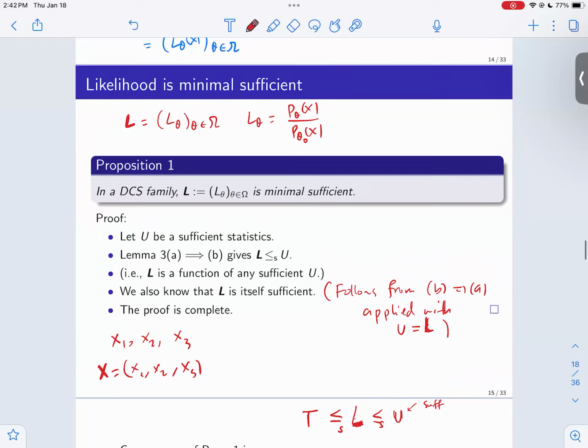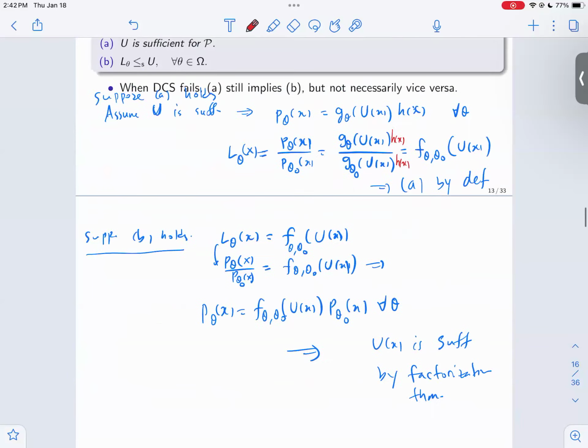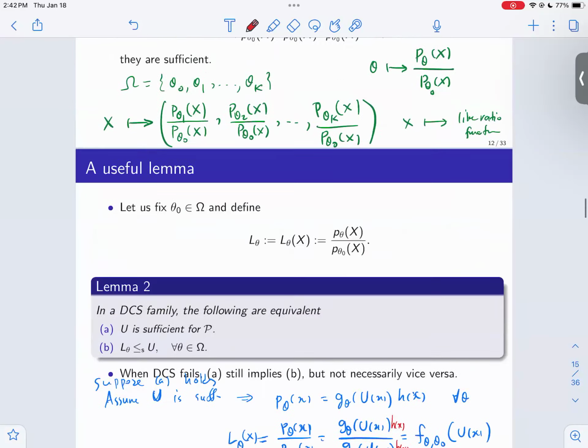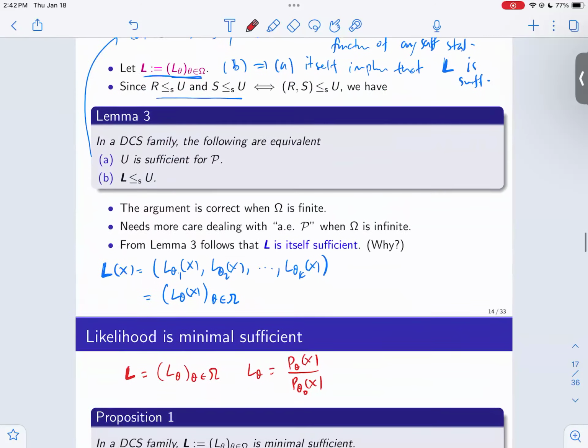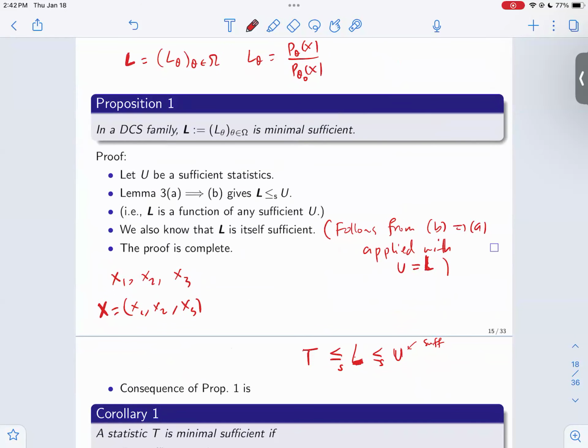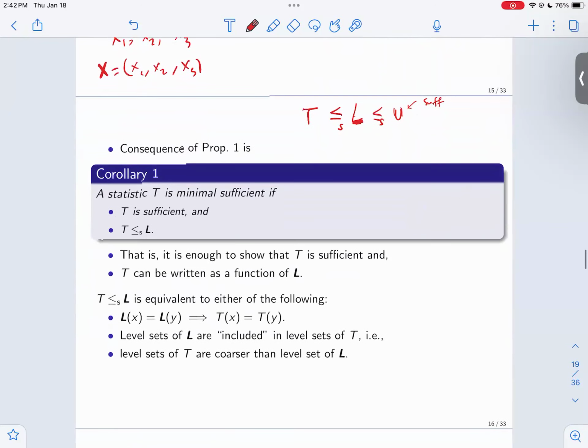But L is the minimal sufficient statistic. Yes. And the definition says that T is minimal sufficient if T is less than S for any sufficient statistic. I was a little confused. On slide 16, how can we have a statistic that's less than our minimal sufficient one?